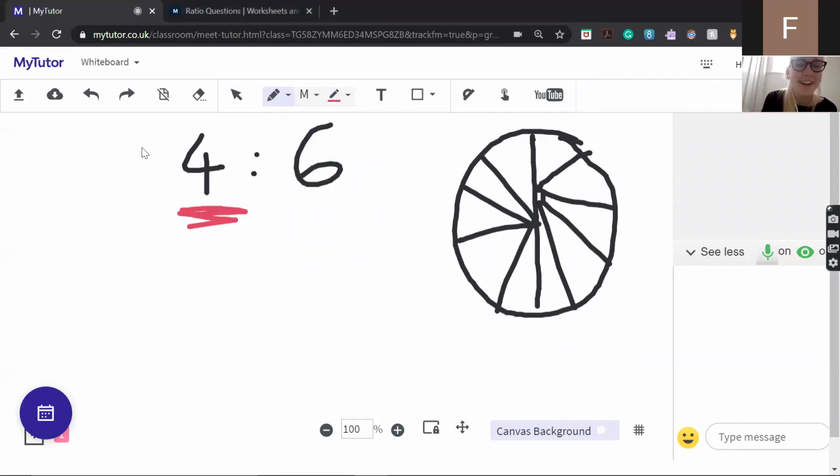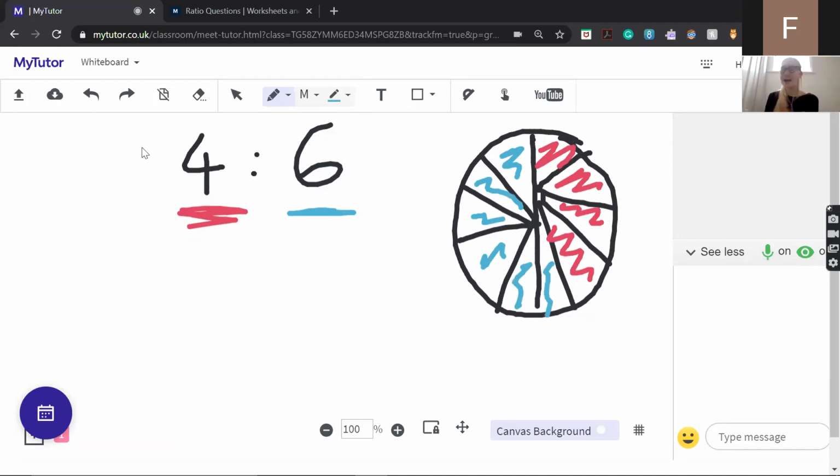And if we have for every 4 of these, there are 6 of these blue ones. You get the idea. And what this represents is that there are 4/10 pink and 6/10 of the blue. We always add these numbers together because this shows us what the total number of chunks are.